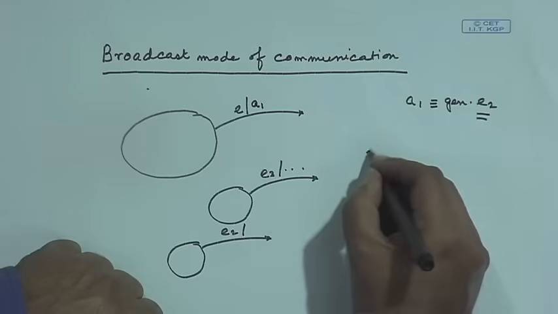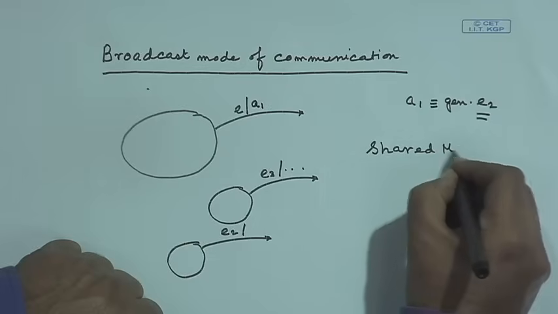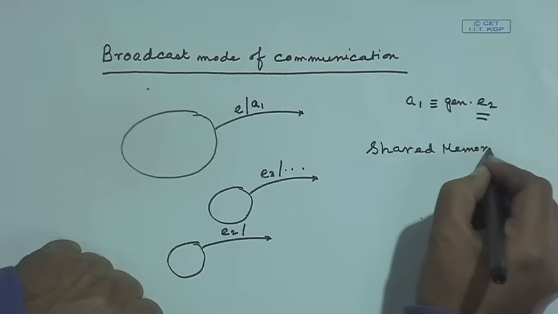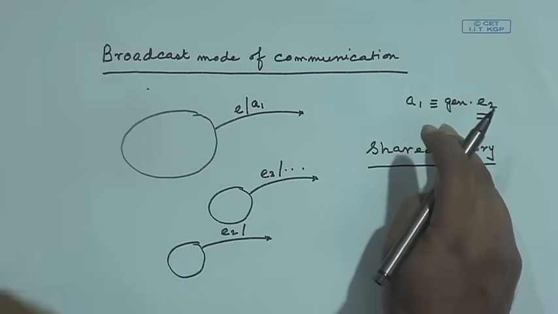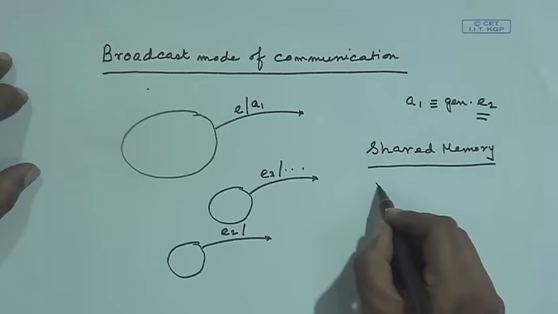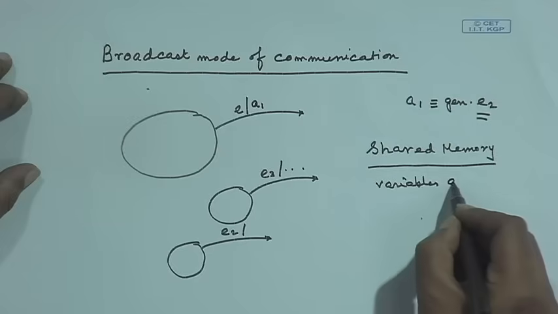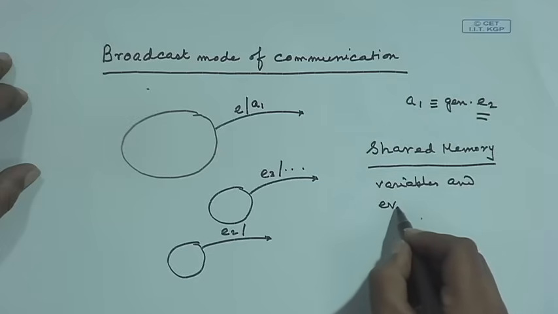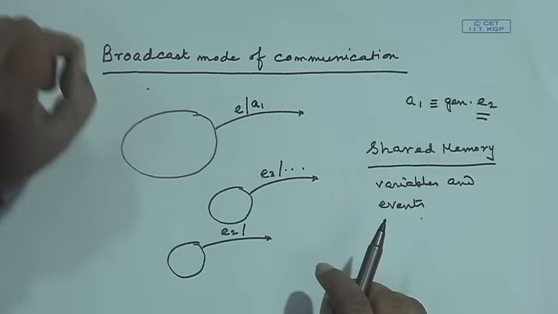That means it is a shared memory mode of communication, just like a global memory, not only for the events, but also for the variables. Whenever there is a change or generation of an event, that is visible to all.